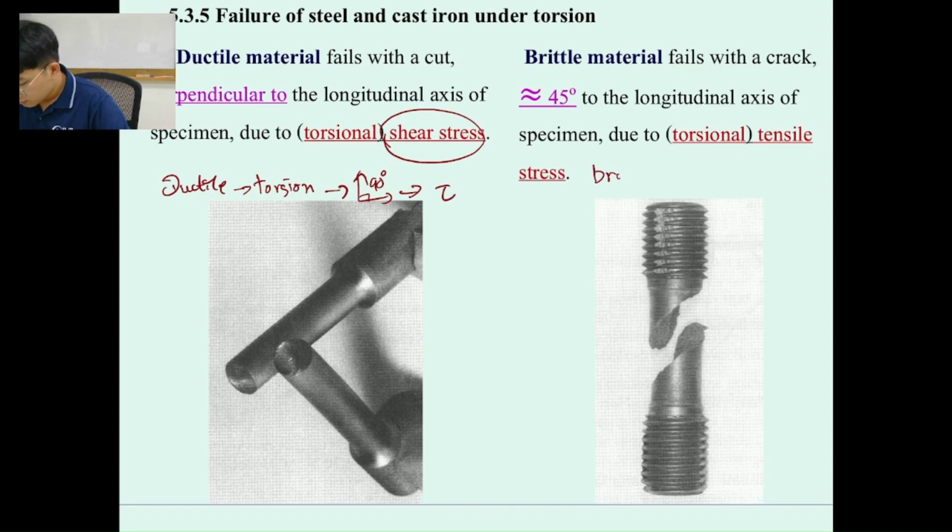For brittle material under torsion, it creates a 45-degree fracture and fails by tensile stress. Okay.